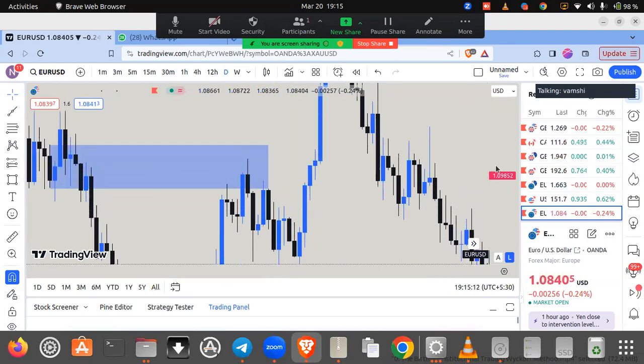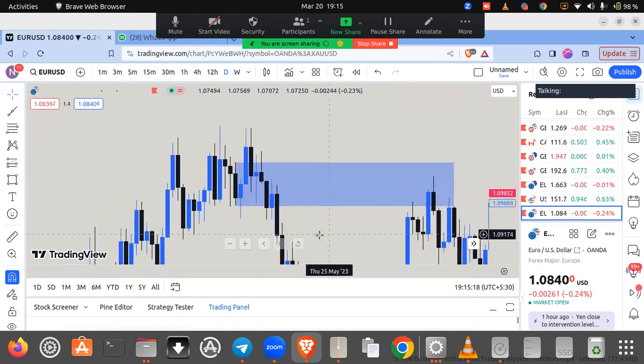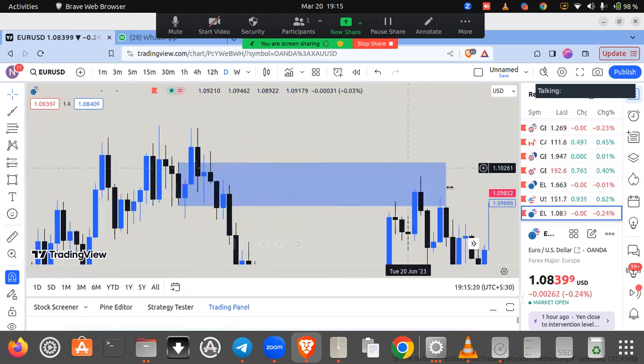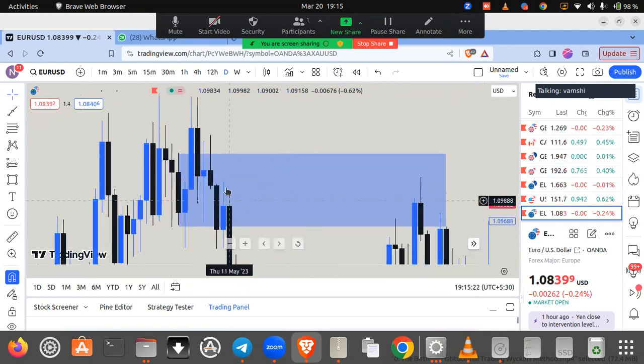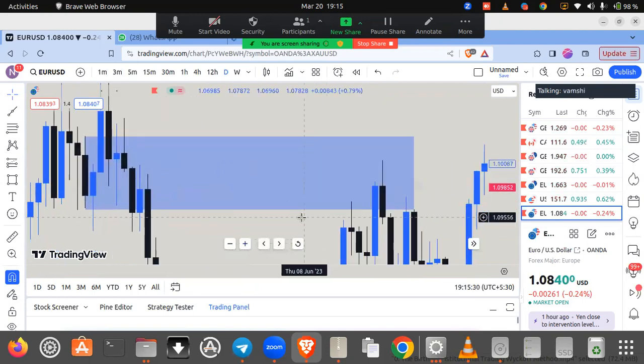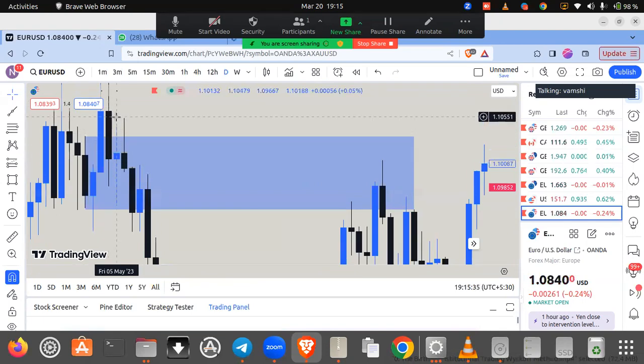Here I'm showing you one more example. Engulfing buy, engulfing fail. While making engulfing buy fail, it also made an engulfing sell. I'll repeat it. While making an engulfing buy fail, it made an engulfing sell. So you can also take this as engulfing sell one or the first confirmation.